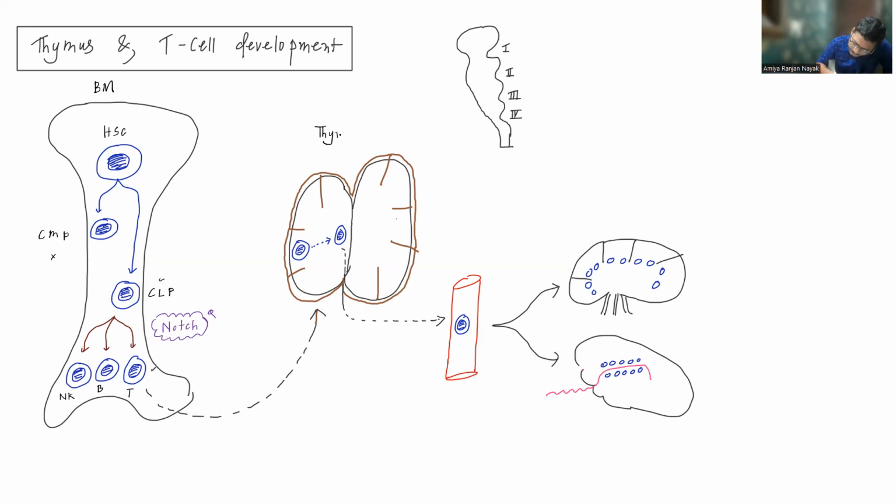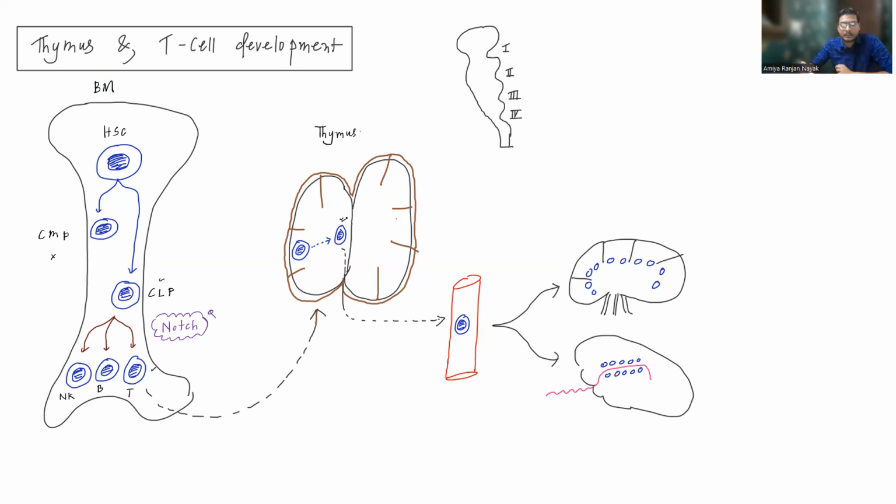Inside the thymus, these immature T lymphocytes will mature into the mature T lymphocyte. And this maturation happens from the cortex to the medulla. We'll discuss in detail about this maturation process in some time.